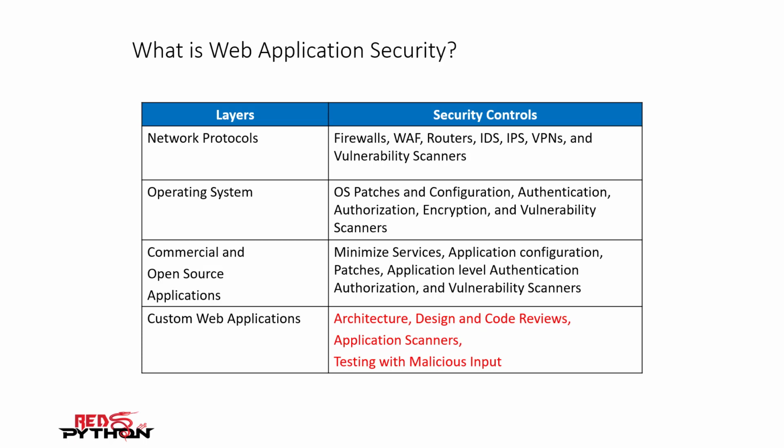We need to take care of the architecture. We need to make sure that the application is well architected. Design and code review is a must if you're coding everything from scratch. And I cannot stress more on testing. Before you deploy any application to your production environment, make sure to test.